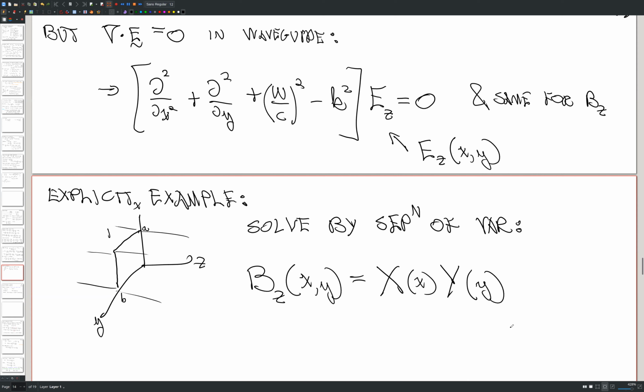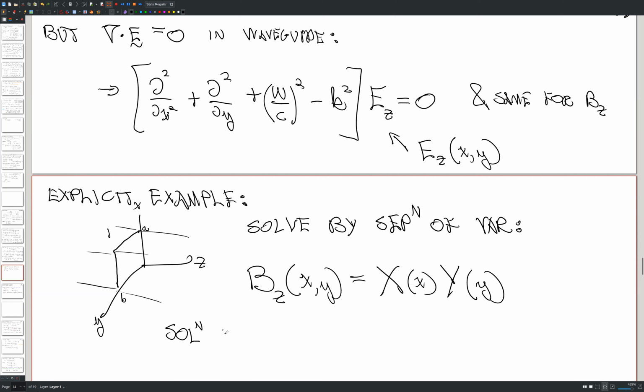Okay, and now what we get when we back substitute into this equation here is that we have a solution. So I just literally back substitute this B here in the equation for B, and take the usual thing. So these two derivatives act on this one here, but I can also then divide out by X and Y. So essentially, let me write down the solution and you'll see how it works.